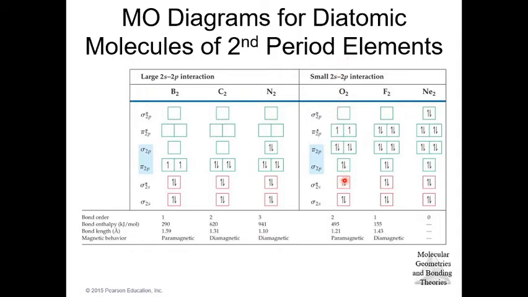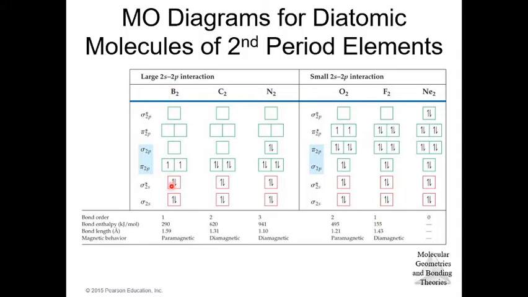All right, so here's another illustration of the same thing. Here's the left side of the p block on the periodic table. We have large 2s2p interactions. You get this flipping of the energy levels. So for boron, carbon, and nitrogen, your molecular orbital diagram will look like this for shell 2. Here's my 2s, anti-bonding 2s, pi 2p, sigma 2p.